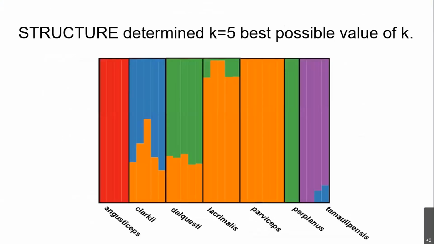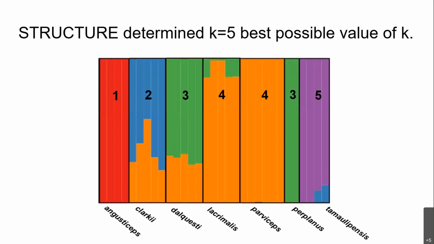Again, ran it through STRUCTURE for K equals 1 to K equals 7, and using statistical determination, STRUCTURE once again determined K equals 5 as the best possible value of K. And with this plot, it's easier to see than it was on the Thomomys plot, but I'm just going to go ahead and label them for you.